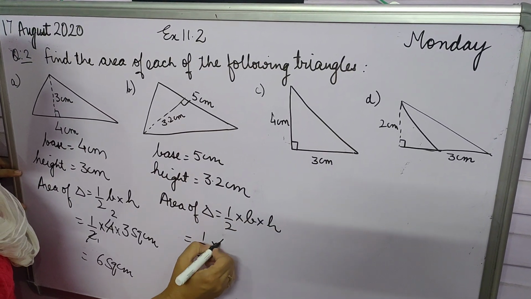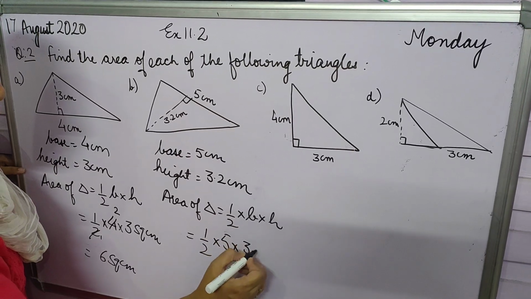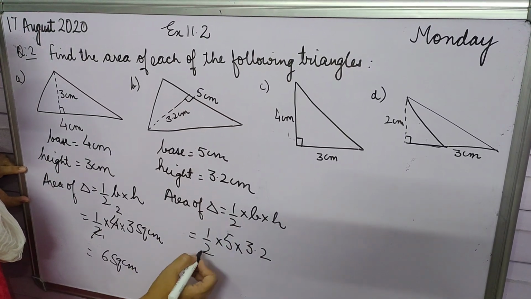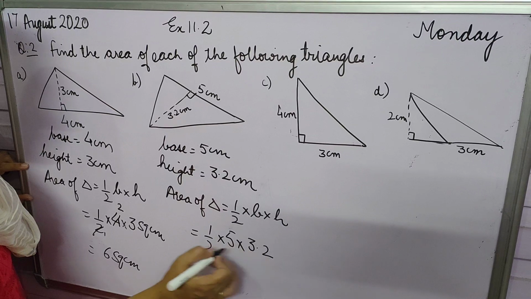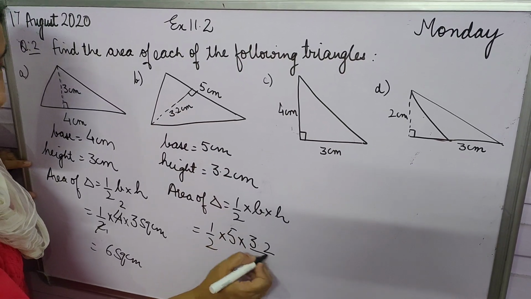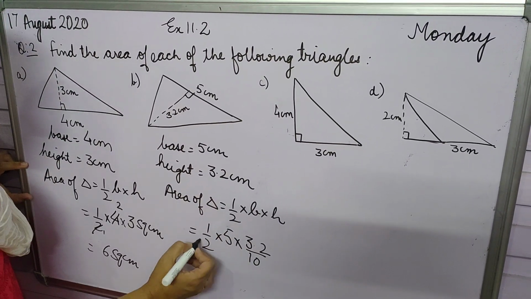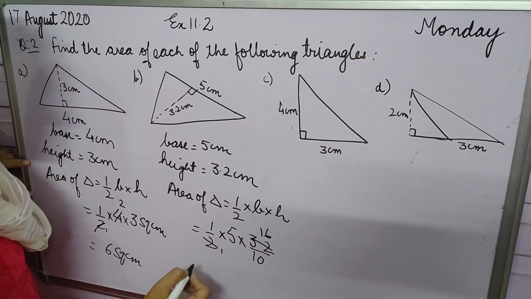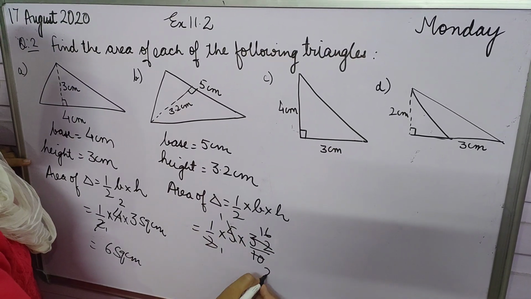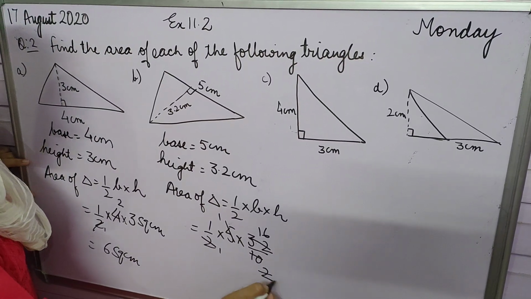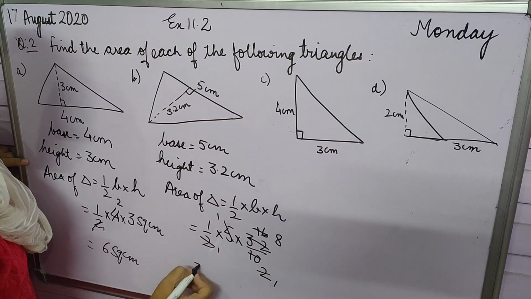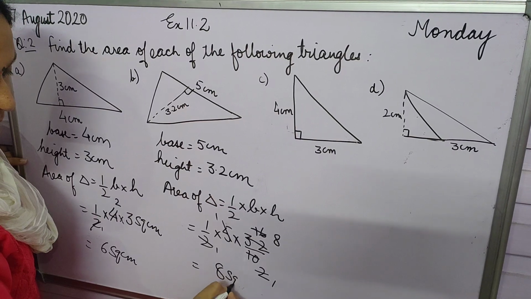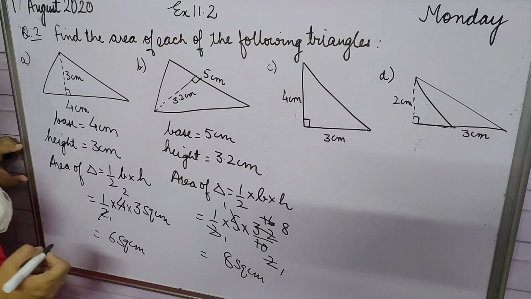So it is half into 5 into 3.2. Now either you can divide this 3.2 by 2. Let me remove the decimal. It is upon 10. 2 ones are 2, 2 fives are 10, 2 twos are 4... So we are left with 8 square centimeter.